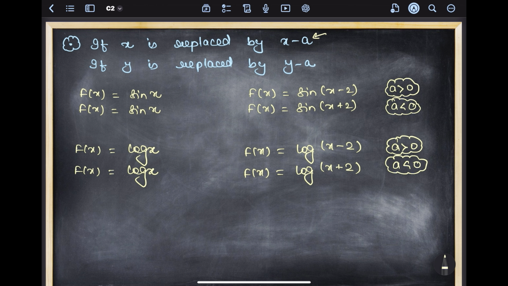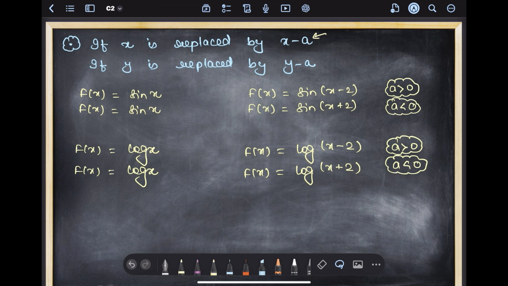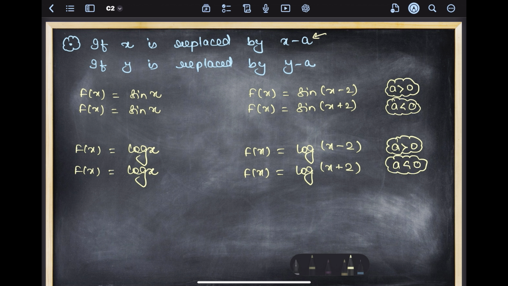Now, I feel that for this case, earlier we were getting 0 at x equals to 0, means here if we will substitute x as 0, we will get 0 output. But to get the 0 over here, we need to put 2, means I feel that we have to shift our graph towards positive direction of x-axis by a unit, means 2 unit.